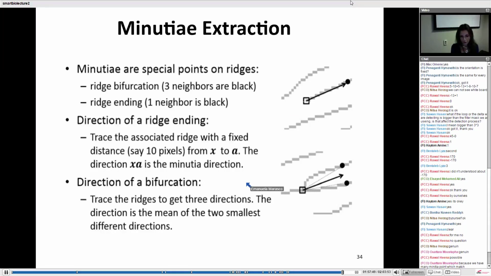For the bifurcation, we can trace the ridges to get 3 directions. And then the direction of the bifurcation is the mean of the 2 directions that follow the 2 ridges that merge. So this is how we compute.